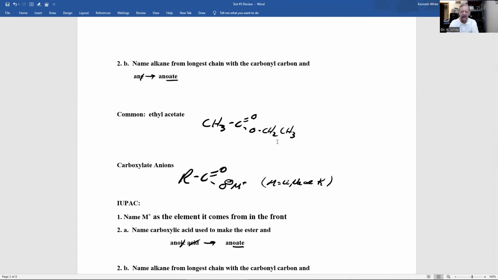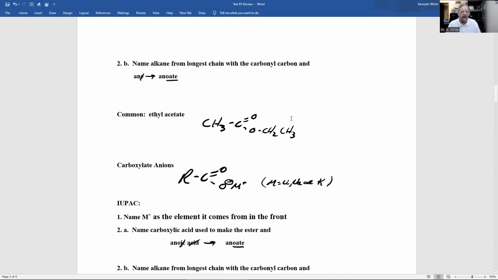Now, ethyl acetate, as I've taught in the videos, is one of the two molecules that's nail polish remover. Notice I forgot to polish my nails. Sorry about that. No, I don't polish my nails. But anyways, that's a nail polish remover. And as you learned earlier in ketones and aldehydes, acetone is the other.